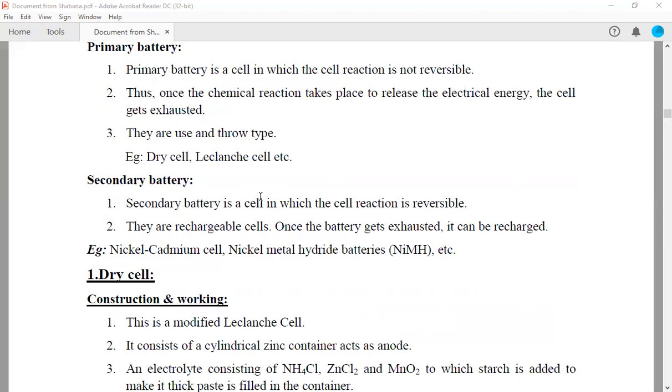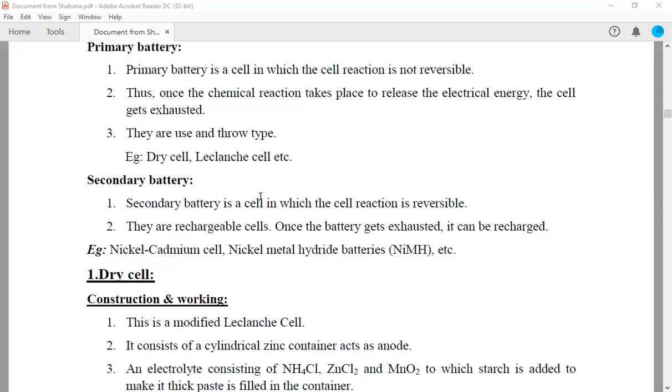Another example of the secondary battery is the nickel cadmium battery, which has an EMF of 1.4 volts and a long life compared to others, and is used in electronic calculators, electronic flash, cordless electronic shavers, etc. So this is a brief introduction to batteries and the types of batteries.